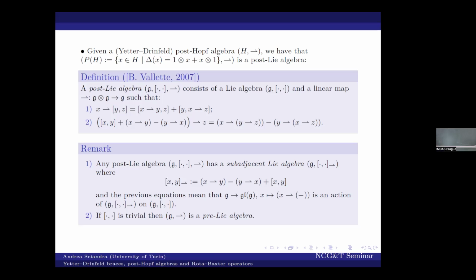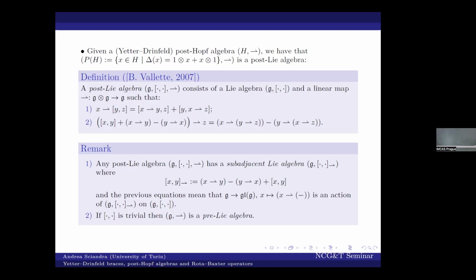You can read the notion of pre-Lie algebra here just by considering a trivial bracket. So it is just a vector space with a linear map from G tensor G into G. Now this is trivially satisfied, and you have just this, considering this equal to 0.